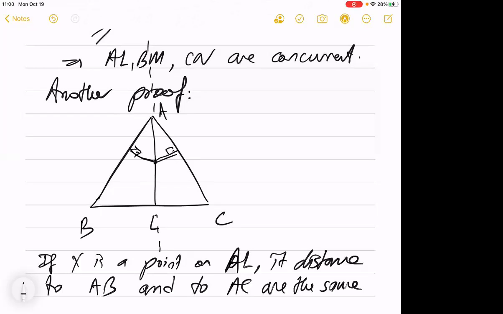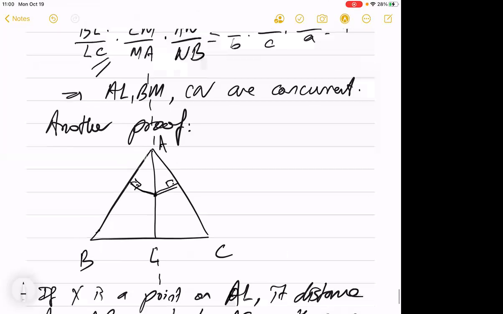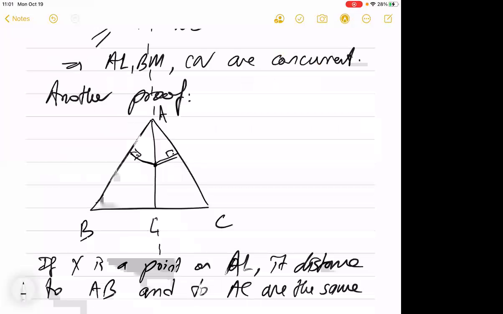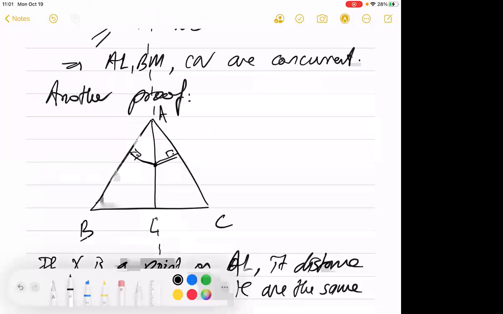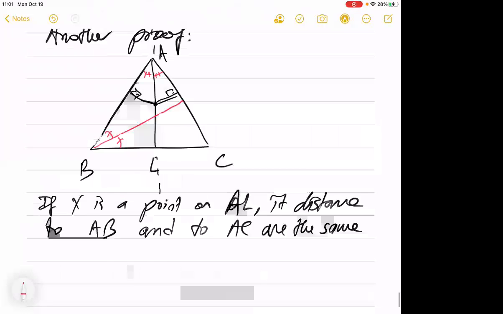Let's draw another angle bisector like this, in another color. Let's look at this intersection point.